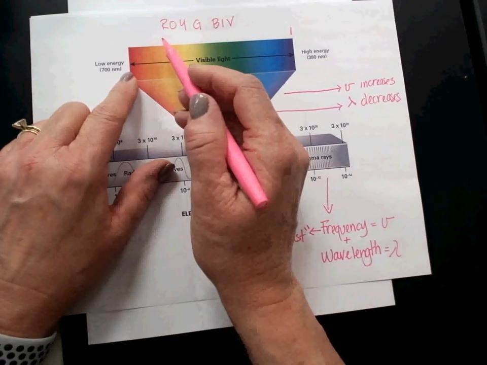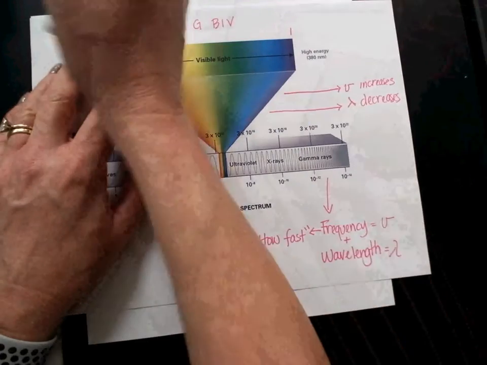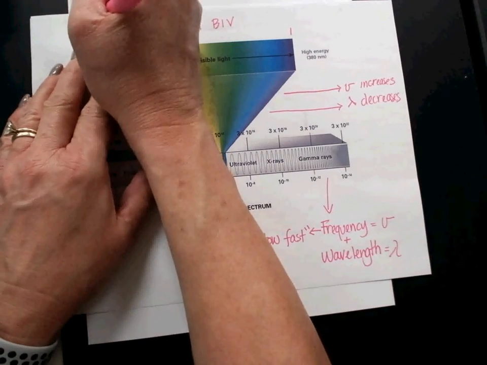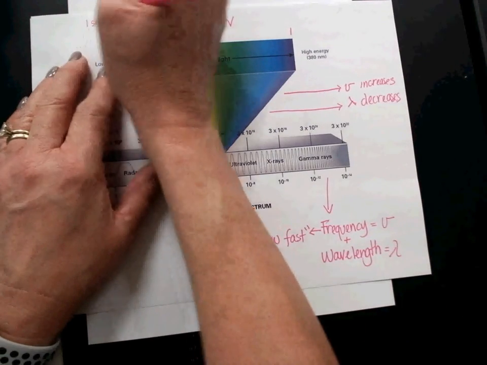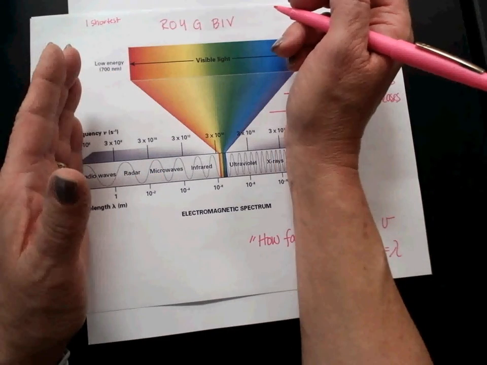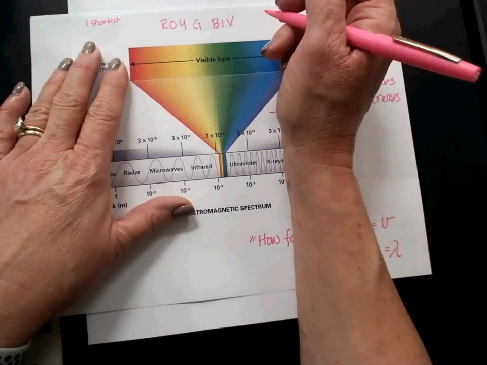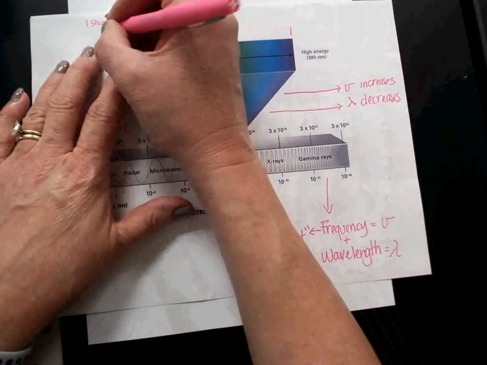So I want you to label them in terms of wavelength with 1. Let's make 1 the shortest. And you'll count your chemicals. I think you should have 10 or 11. Whatever your last number is would be the longest.